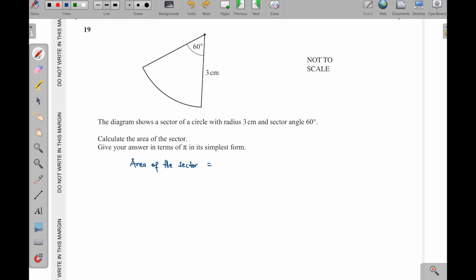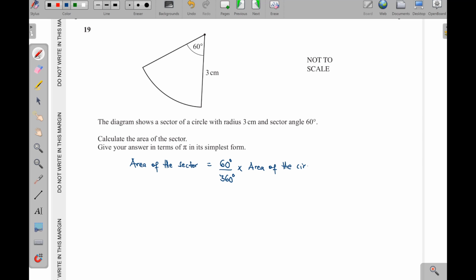This one is equivalent to 60 degrees. So we have 60 degrees, but for the whole circle, angles at a point add up to 360 degrees. So the total angle in the circle is 360. So we shall get 60 divided by 360, then times the area of the circle.